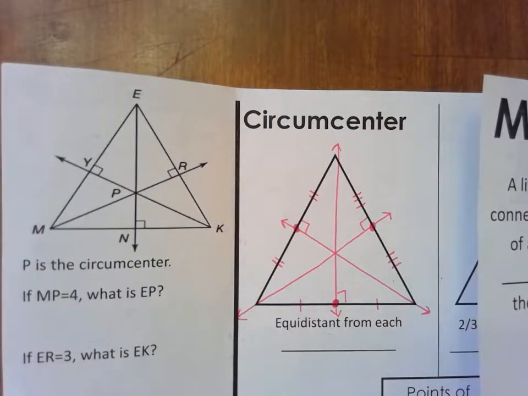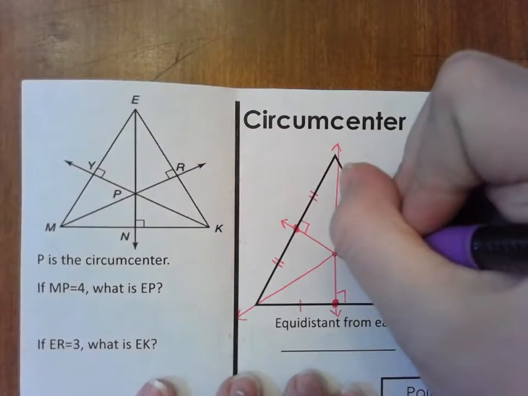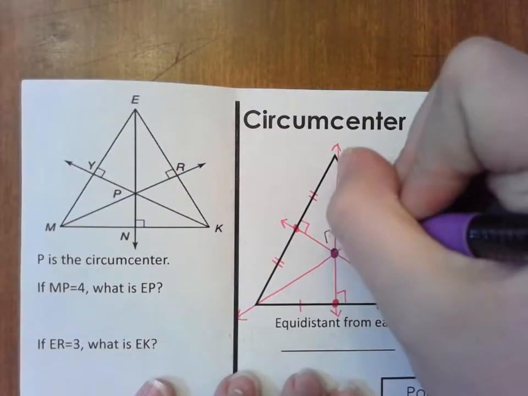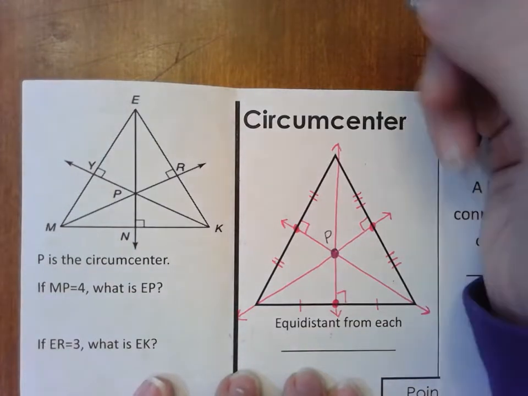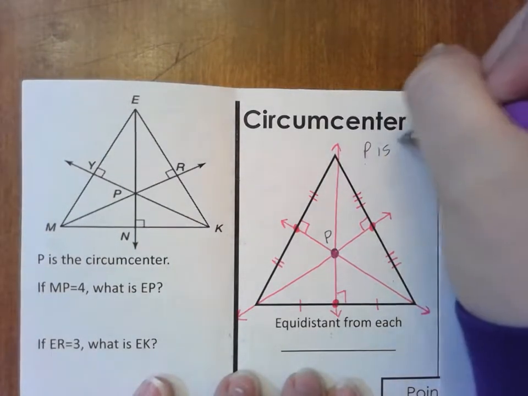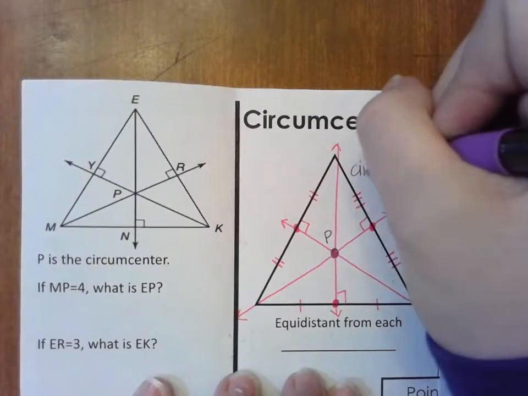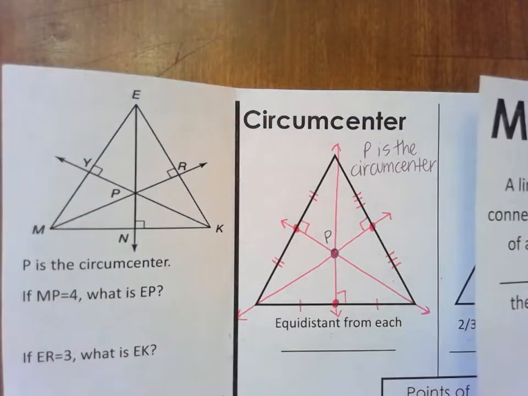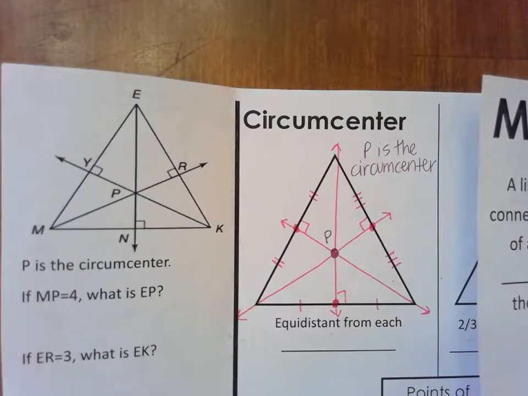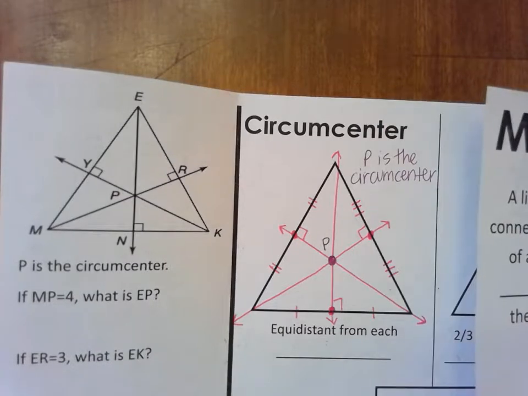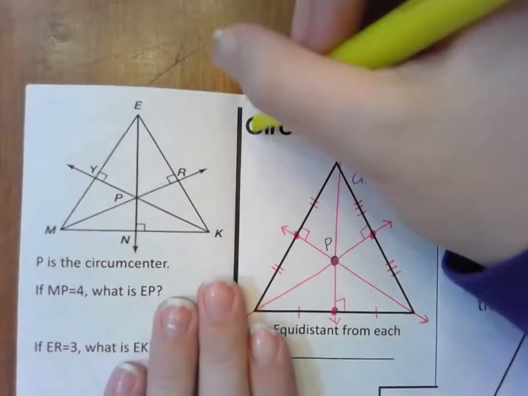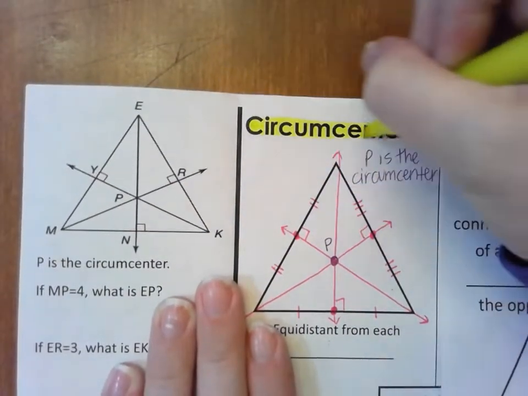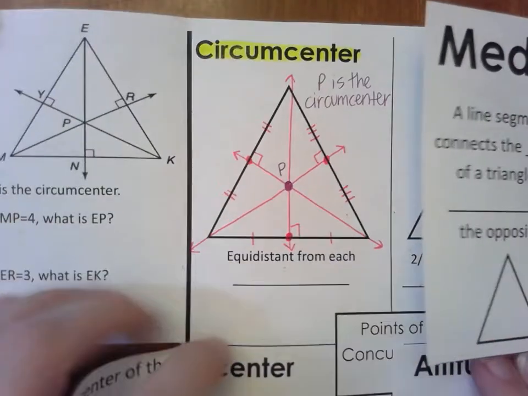So all 3 of these perpendicular bisectors intersect at one point, and we can call this point P. So for this triangle, P is the circumcenter. So where all the perpendicular bisectors intersect is what's called the circumcenter. And the circumcenter is a point of concurrency.